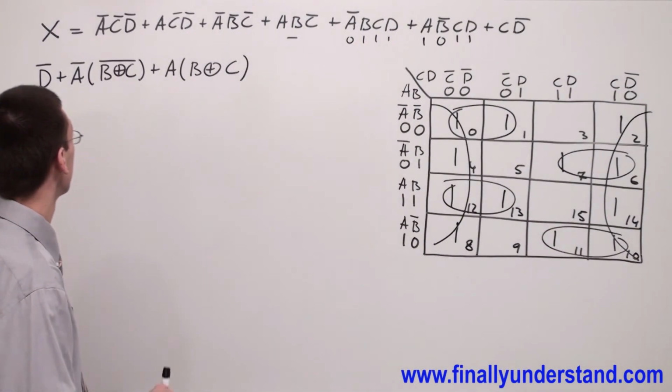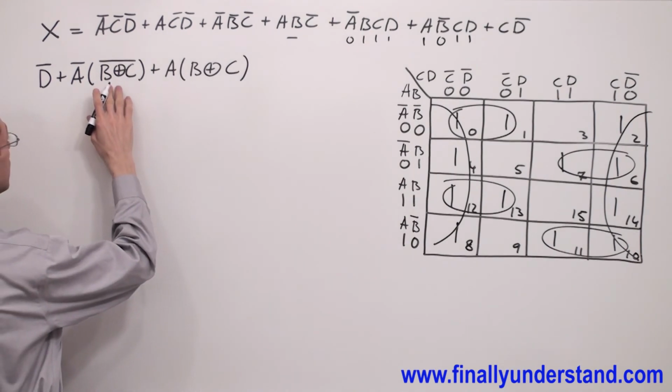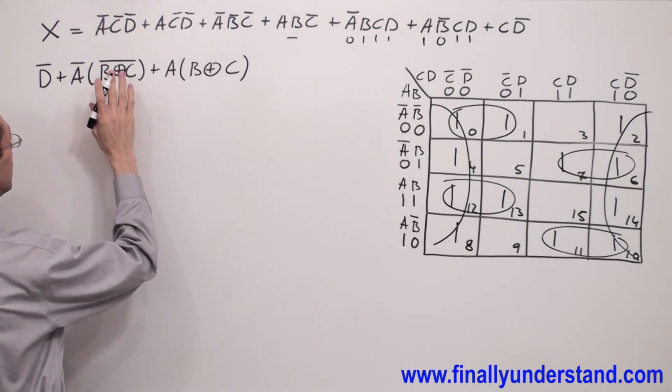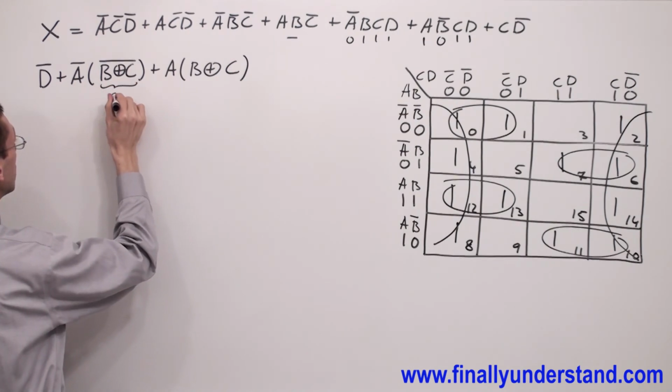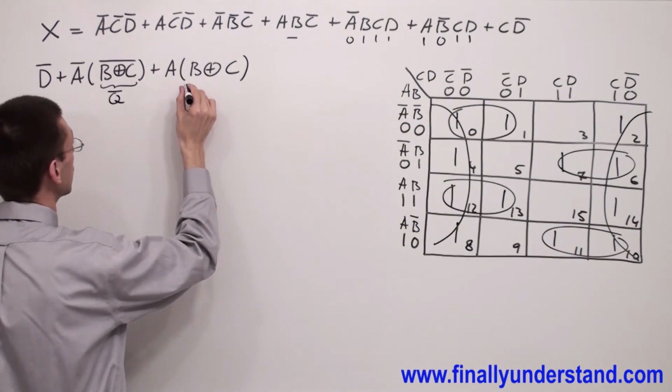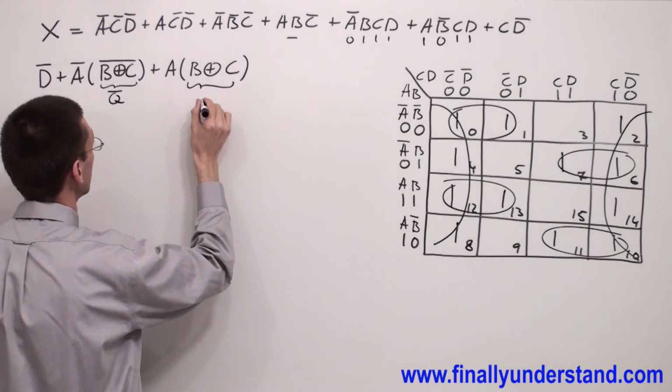This time we are going to call exclusive NOR Q naught, and exclusive OR I'm going to call Q.